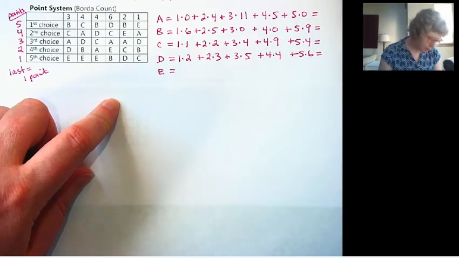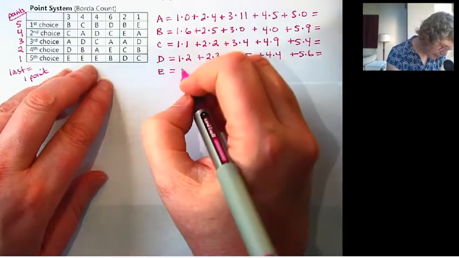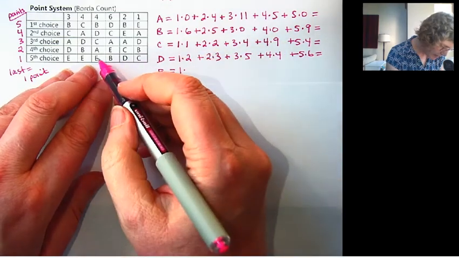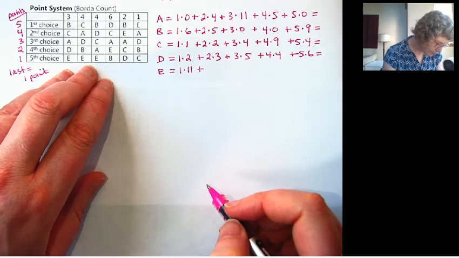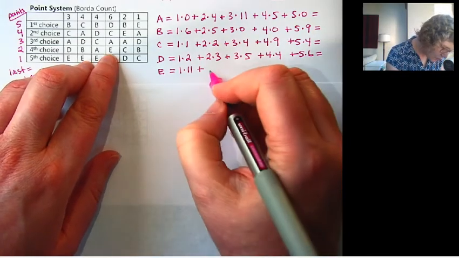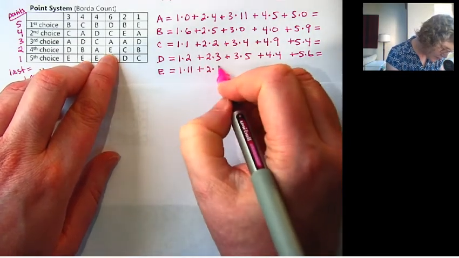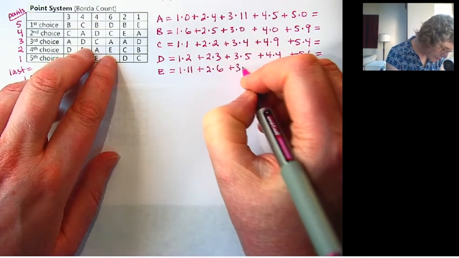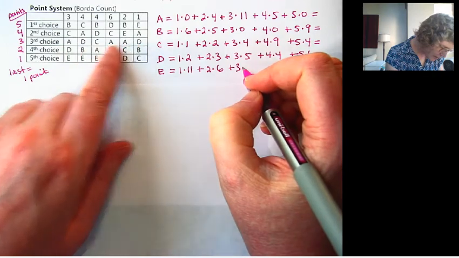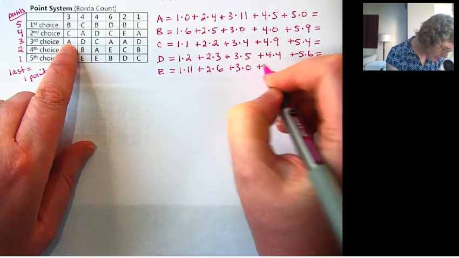Okay, last one, E. E has a bunch in last. 8, 9, 10, 11. 1 times 11. 2 times 6. Plus 3 times, E is not third anywhere.